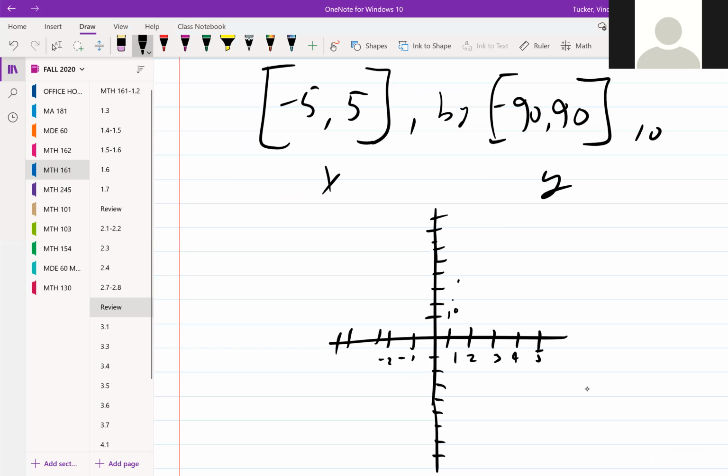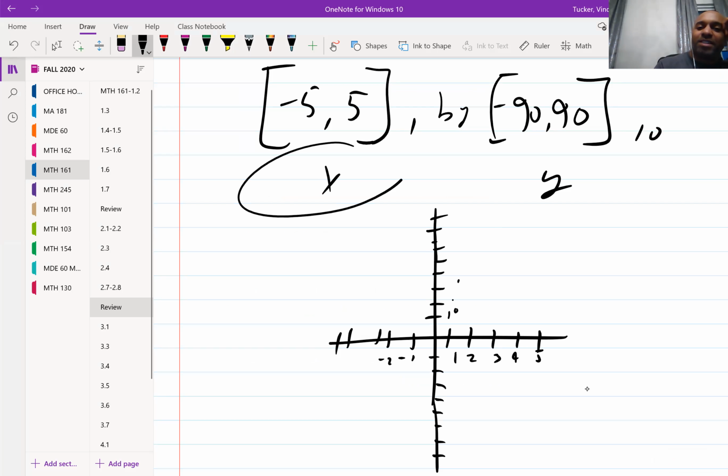All right. So let's go back. So X, it's doing it by 1. So we're going 1, 2, 3, 4, 5 on the X scale by ones. Your Y is going 10, 20, 30, 40, 50, 60, 70, 80, 90. And so it's going to be 9 tick marks because it's going by tens.